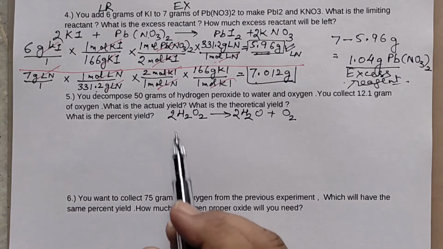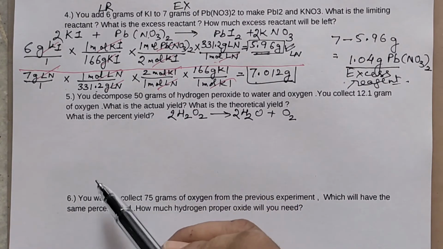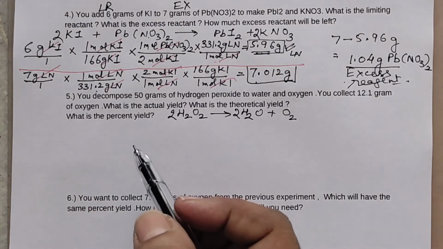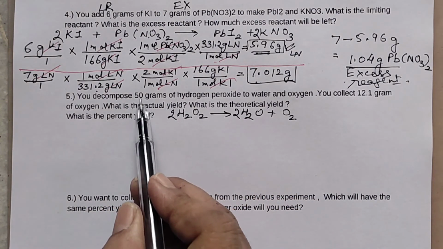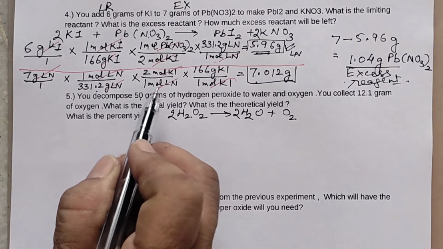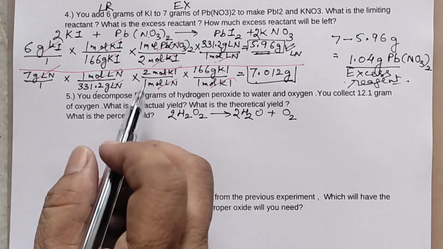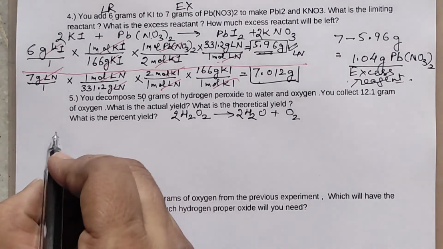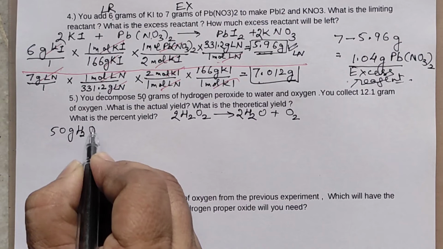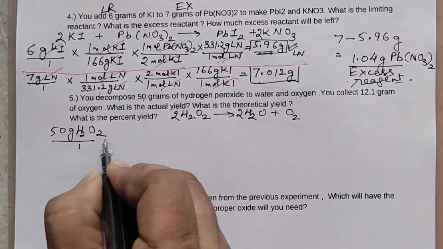Right? So first let us see what is the theoretical yield. Okay. Let's see. 50 grams we have taken, right? The first step is grams into moles. The same 3 steps we have to use. So you will have 50 grams of hydrogen peroxide by 1.